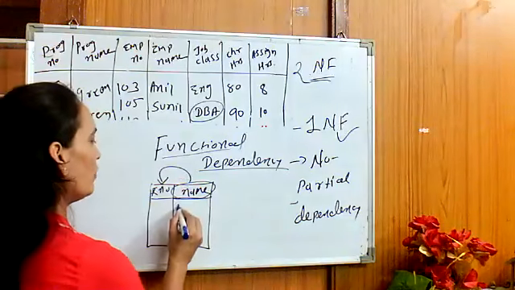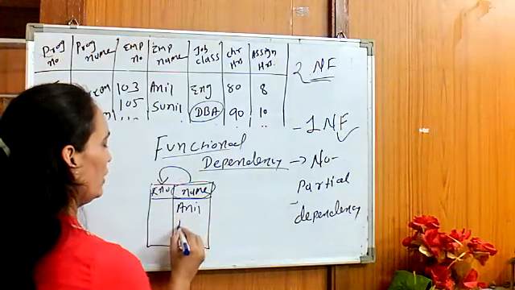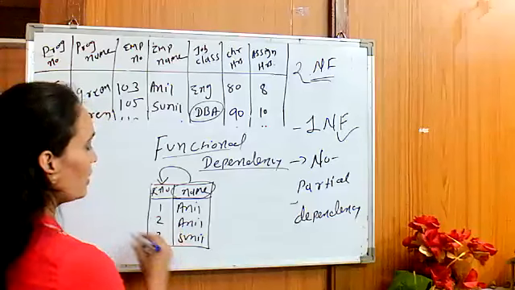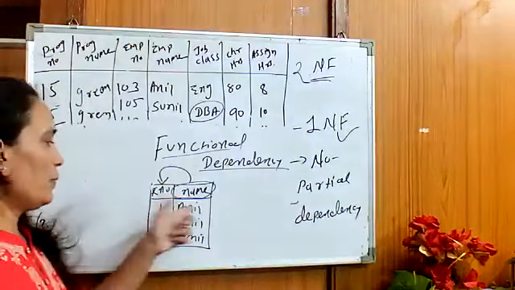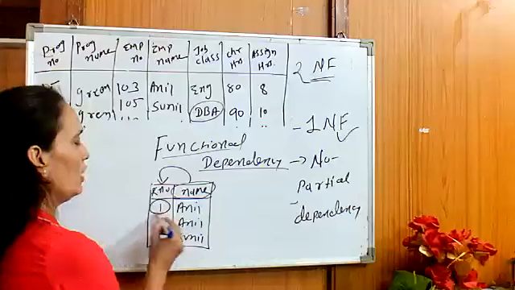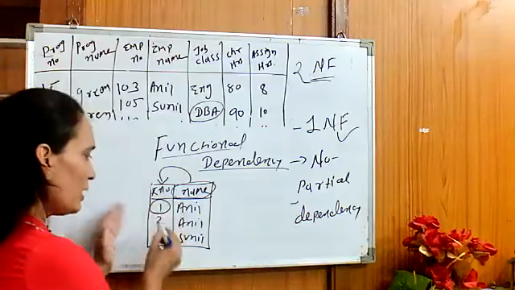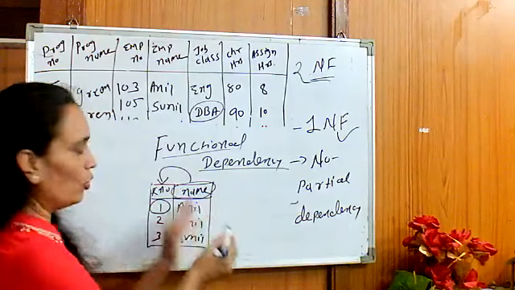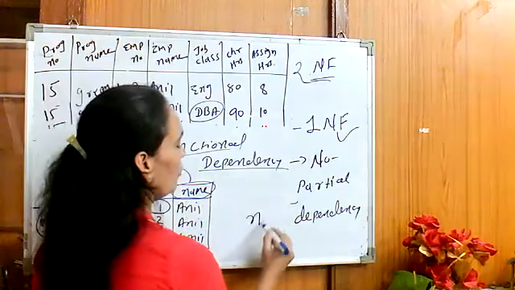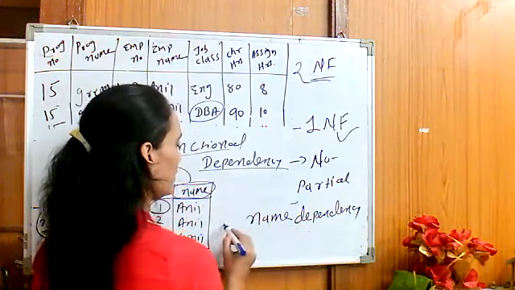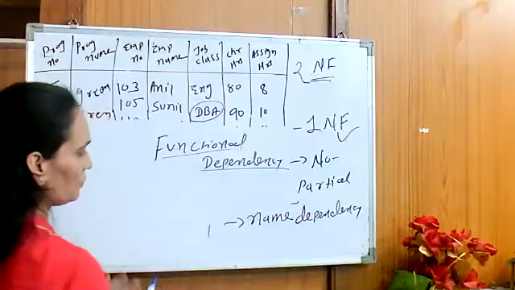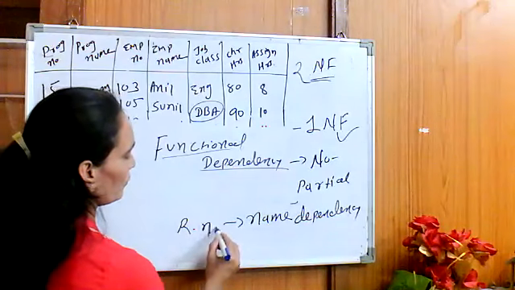For example, we have two Anil in our class. Then how can we identify different students? We can identify them by their roll number. By roll number, we can search every record of that student. So we can say that the name of the student is functionally dependent on their roll number.